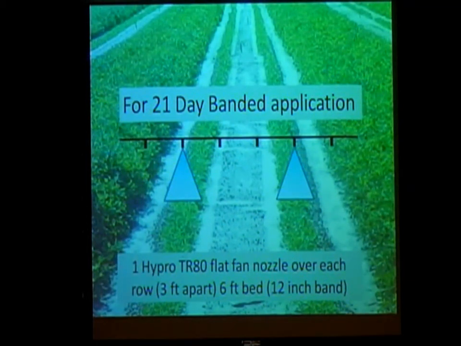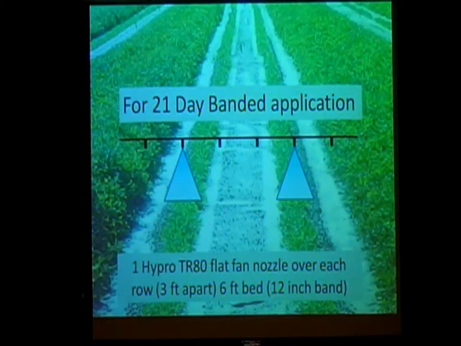For the 21-day banded application, we used our middle nozzle on a 6-spray boom. We were putting out about a 12-inch band. Now, Tim Brenneman has had excellent results for white mold management with narrower beds, with narrower bands than that. This one was done as much for logistics as anything.